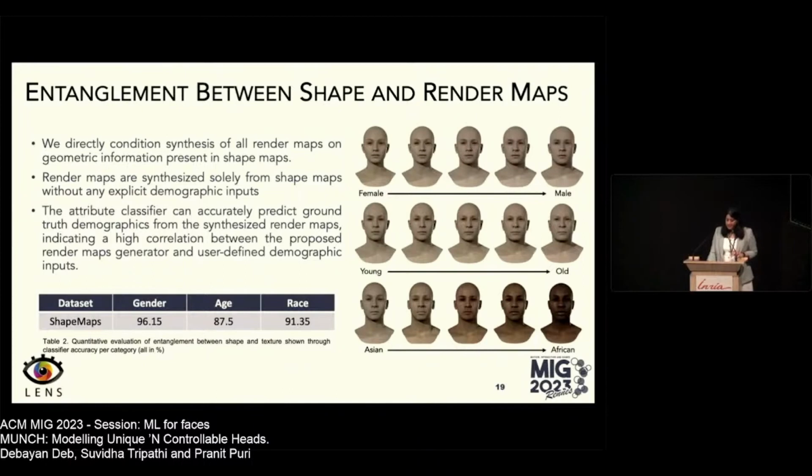Our proposed method shows the entanglement between shape and render maps by analyzing the correlation with specific user-defined demographic attributes such as race, age, and gender. With the use of an attribute classifier, it can accurately predict the ground truth demographics from the synthesized render maps. So there is an entanglement between the shape and the render map generator.